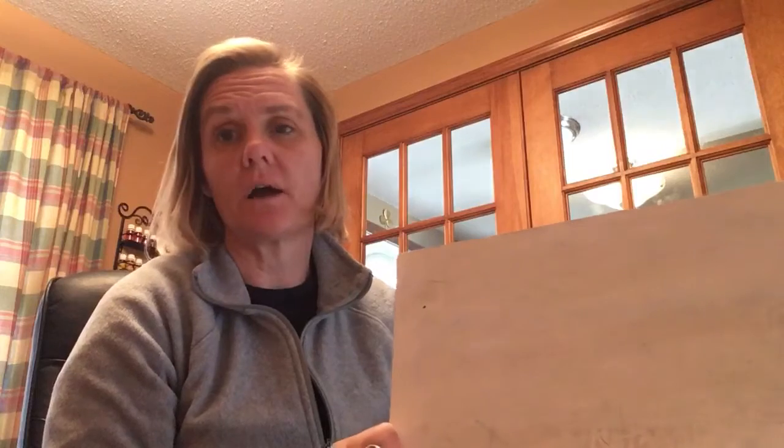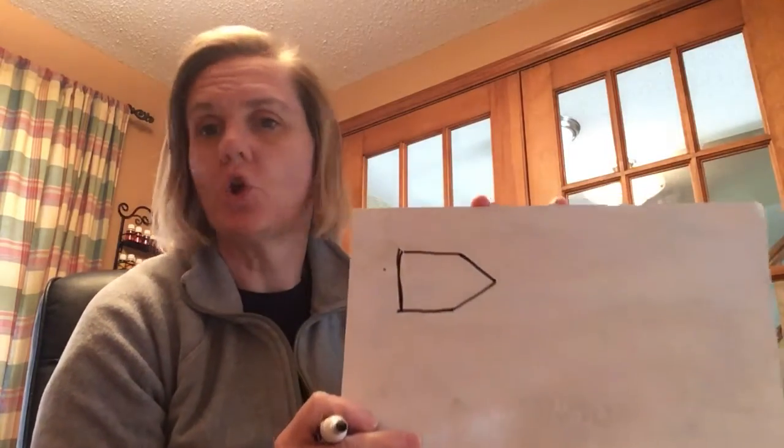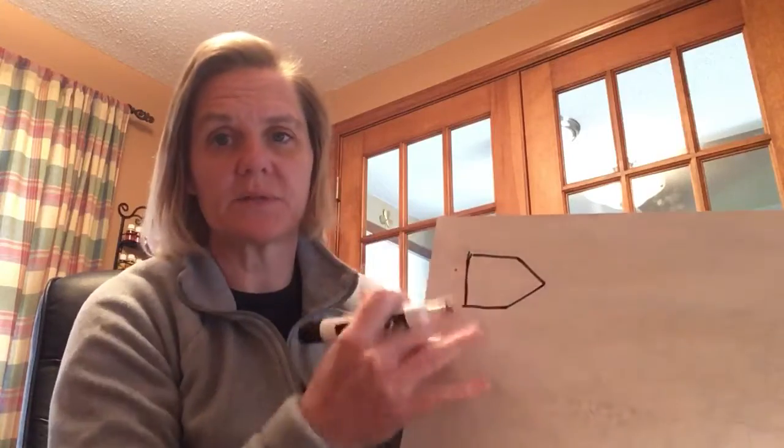On our practice page, they talk about convex polygons and concave polygons. If you see a shape like this, nowhere does it go in. All the shape is on the outside.